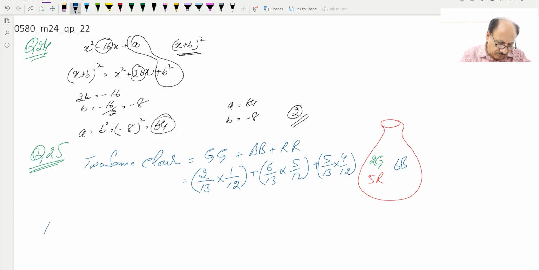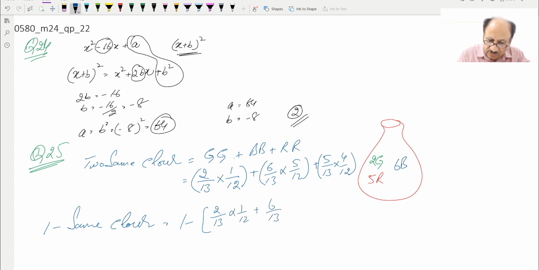So for the complement we are taking 1 minus same color, so this will be 1 minus this whole thing. We will write here 2 by 13 into 1 by 12 plus 6 by 13 into 5 by 12 plus 5 by 13 into 4 by 12, and this will give us the answer.